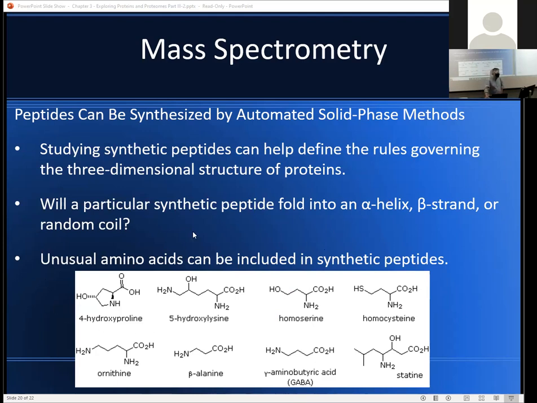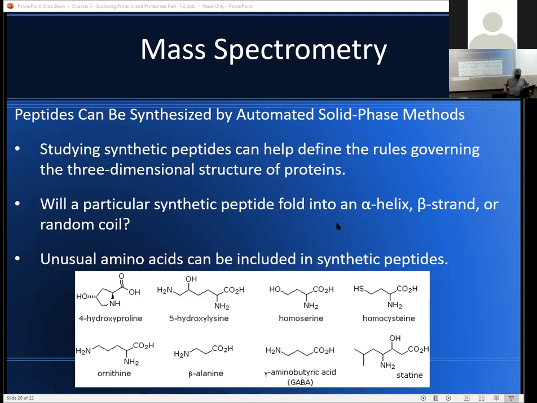We can also include unusual amino acids into synthetic peptides. So we know that there are 20 amino acids, each with a unique or variable side chain. Sometimes there are post-translational modifications made to proteins that will alter the amino acids and make them into one of these less common amino acids.